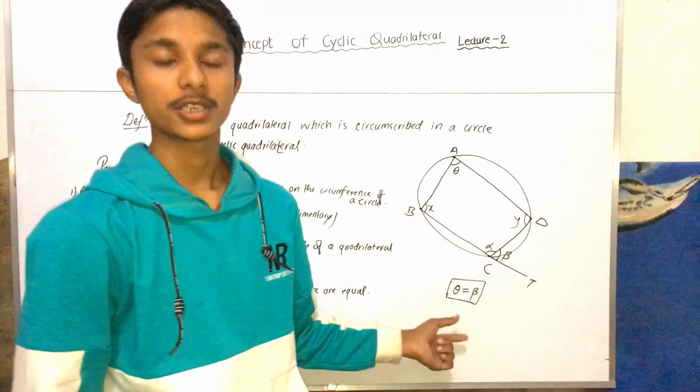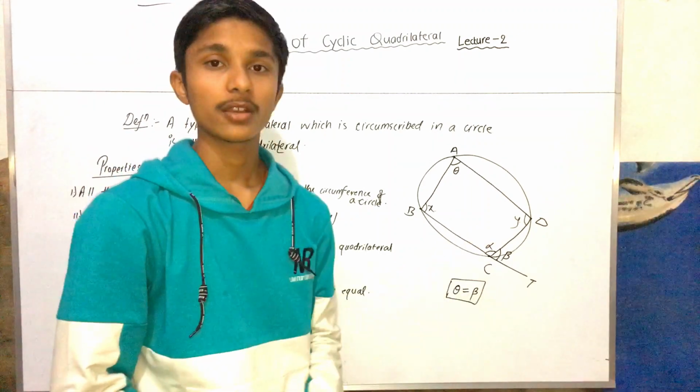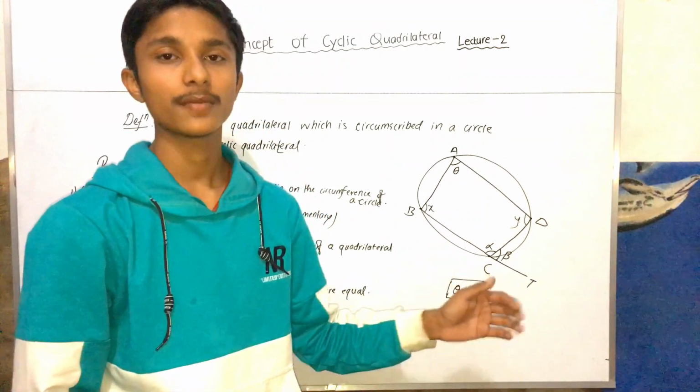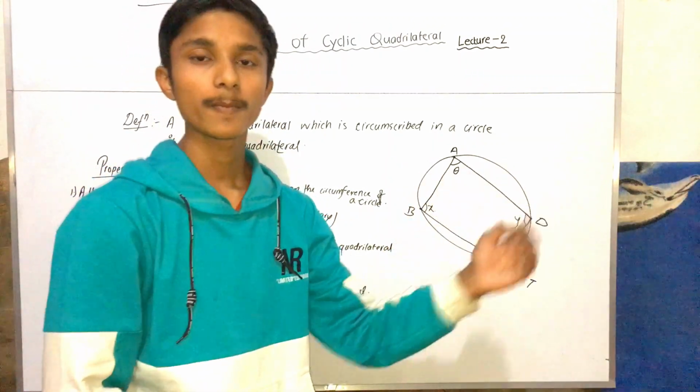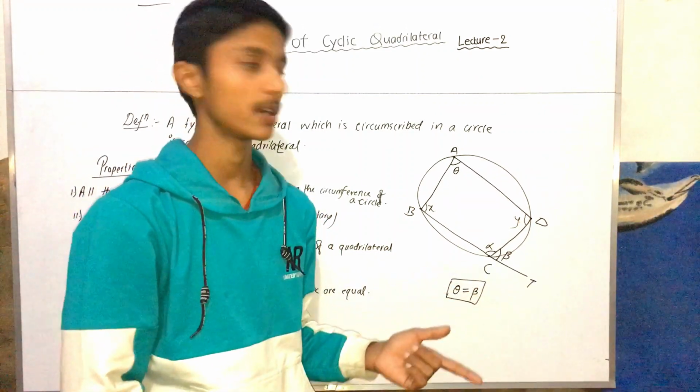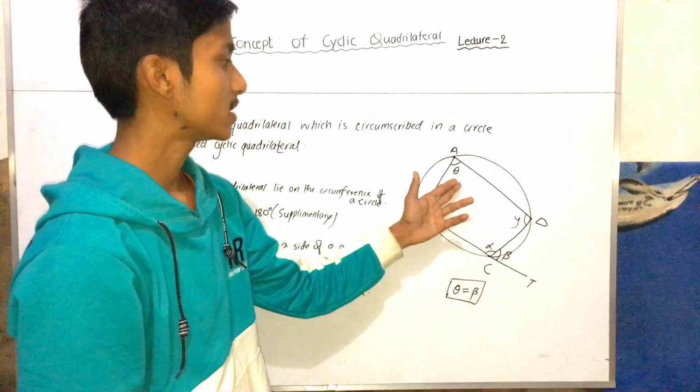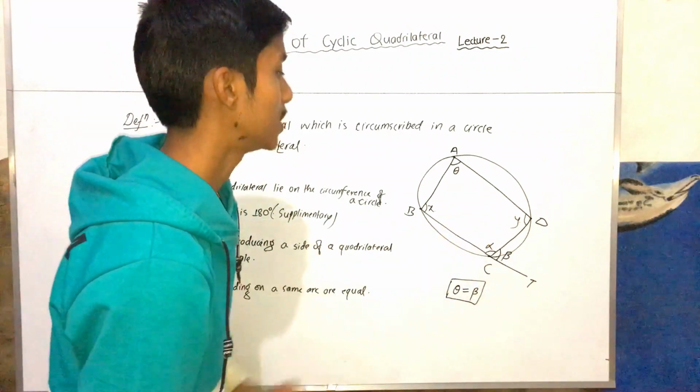According to this property, an exterior angle formed by producing a side of a quadrilateral is equal to its opposite interior angle. Here theta is the opposite interior angle of beta.